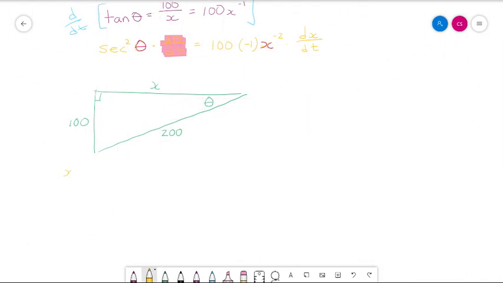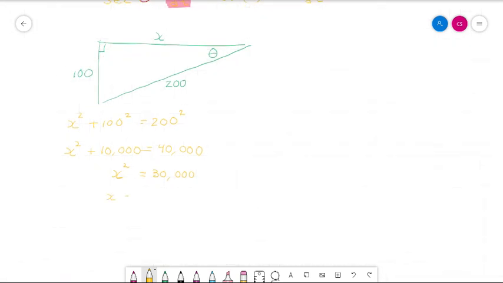So we know that x squared plus 100 squared is equal to 200 squared. Okay, and we could solve that for x. Okay, so x squared is equal to 30,000. We can take the square root.